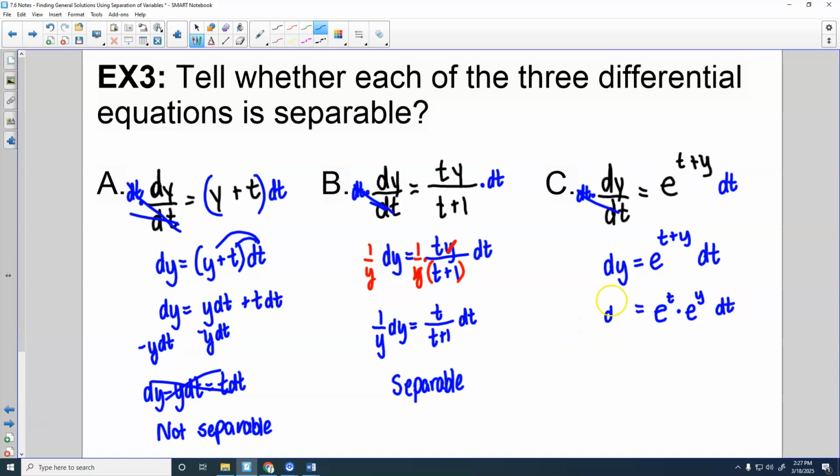Can I do that? That's a legal move, right? Now can I separate? Okay, what would I need to do? Divide by e to the y. And I've got dy over e to the y equals e to the t dt. So that one is separable.